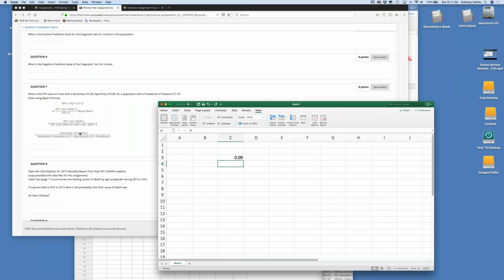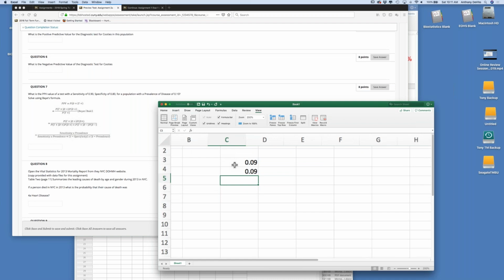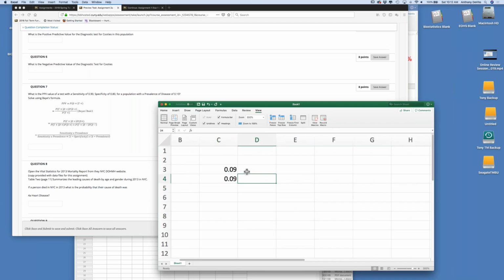On the bottom, we have to add together two different things. First, the sensitivity times the prevalence, which is the same thing we just did. Then before we do the division, we add to that 1 minus the specificity. What's the specificity? Here it was 80%.